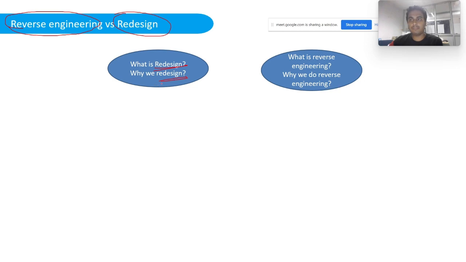After launching some product in the company, after some time, the requirements will change. At that time, we have to redesign our product so that it can satisfy the arising needs.